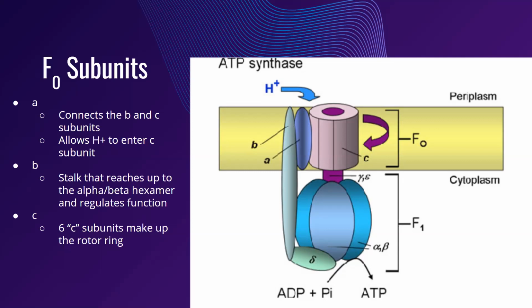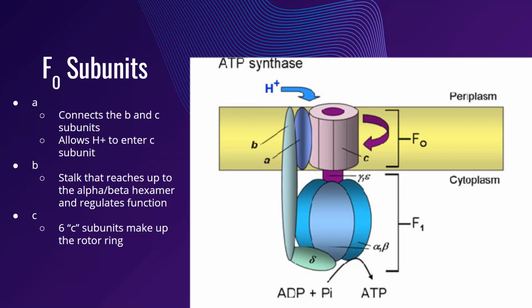As you can see in the C subunit, there's kind of like a hole that allows the protons to enter. Part B is a stalk that reaches up to the alpha beta hexamer and regulates function. If you recall, in the original drawing, there's a hexamer of alpha and beta, and that reaches up there in order to regulate function.